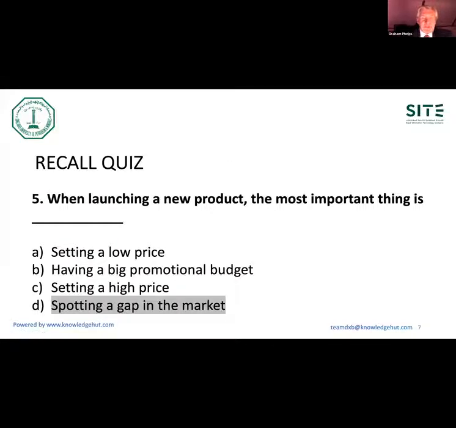So, number five, when launching a new product, the most important thing is spotting a gap in the market. Now, this could be a demand that's not being met by another business. It could be doing something slightly different that people want, but is not being provided either locally or globally, if you like.